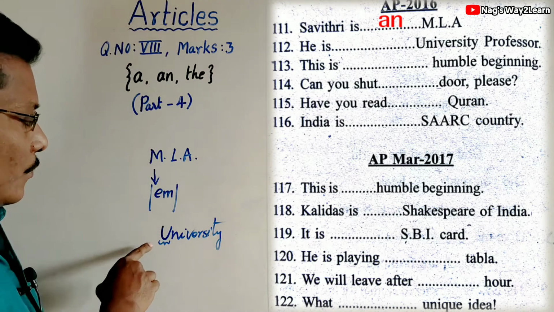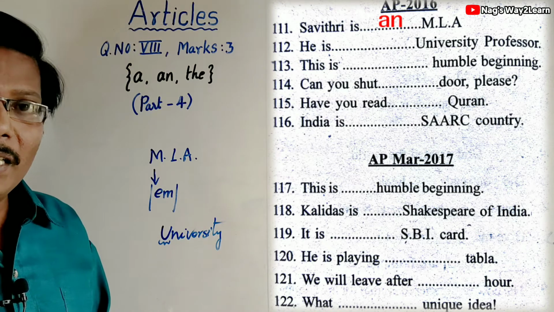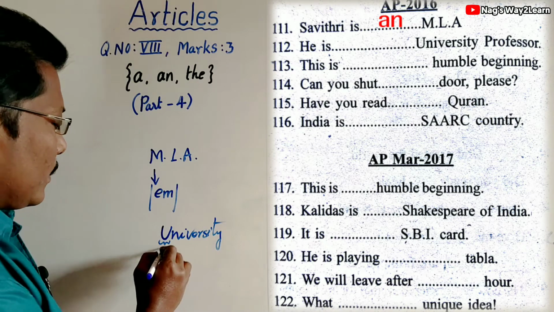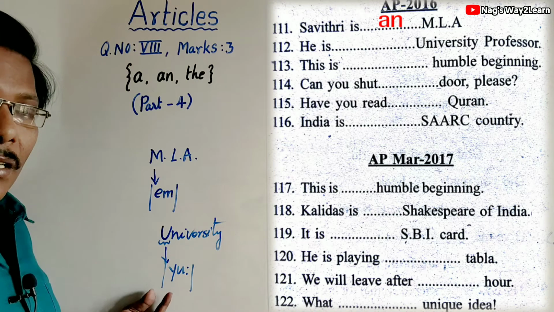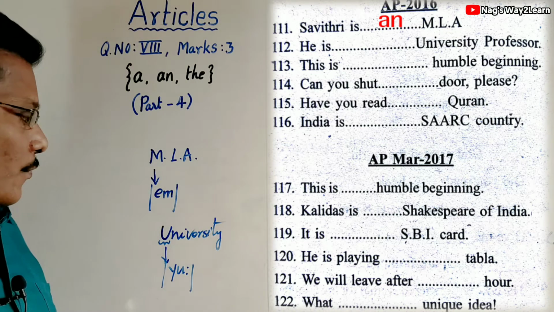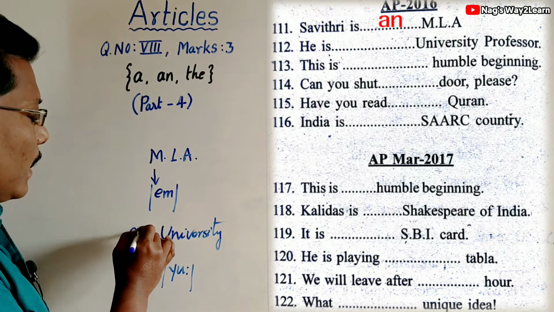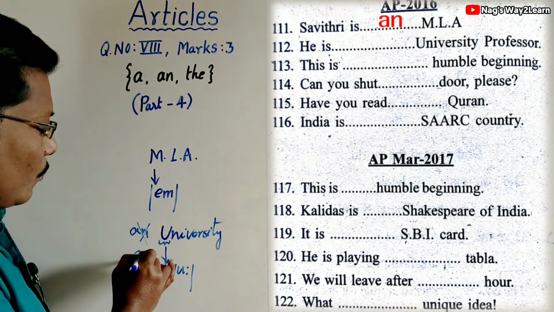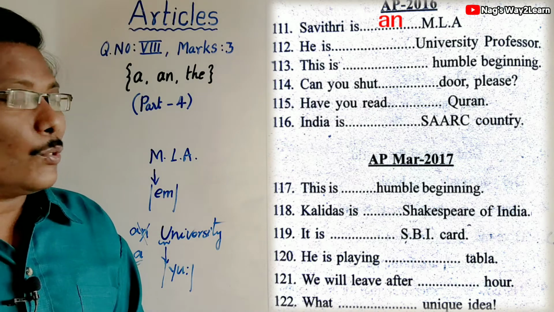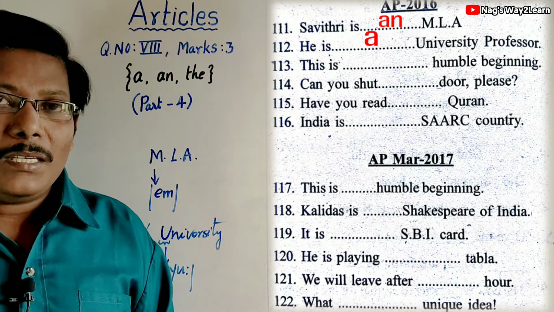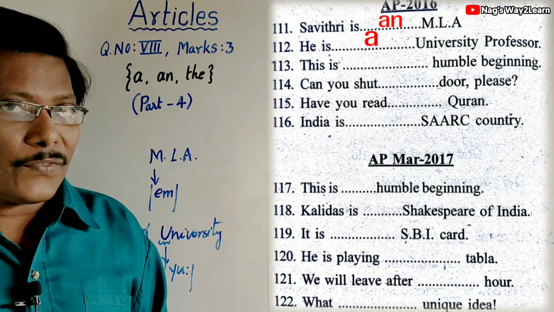Even though this is vowel, we are pronouncing it as a consonant sound, just like U, university. Okay, this is a consonant sound. So therefore, we should not use an before it, but we have to use a. So we should say he is a university professor.